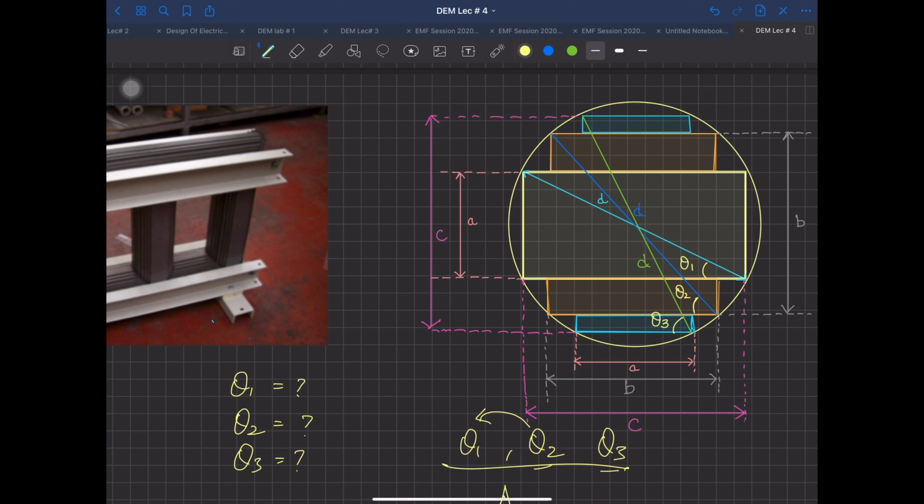The blue color is at the back, I haven't shown it fully, but it's the elongated one, the longer one. The yellow color one is this one. The blue color one is this one. A is common.